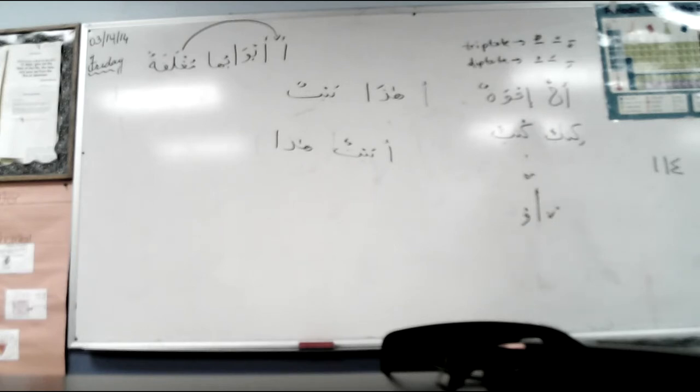Okay, what's the summary here? Basically, go back to the beginning. We learned that almost all nouns and adjectives have tanween, they're almost always triptote, except, up till now we've learned three cases: when you have al, when it's a mudaf, being possessed by something, and when it's preceded by ya.